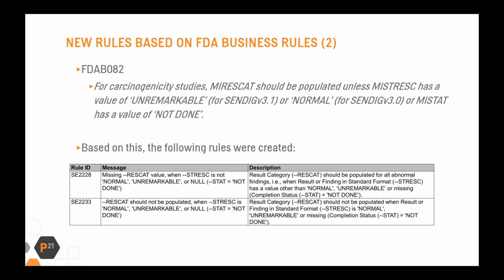The first one is SE2228, where the message is there's a missing MIRESCAT value when STRESC is not normal, unremarkable, or null, or STAT is not done. And then we created an inverse rule, SE2233: RESCAT should not be populated when STRESC is normal, unremarkable, or null.